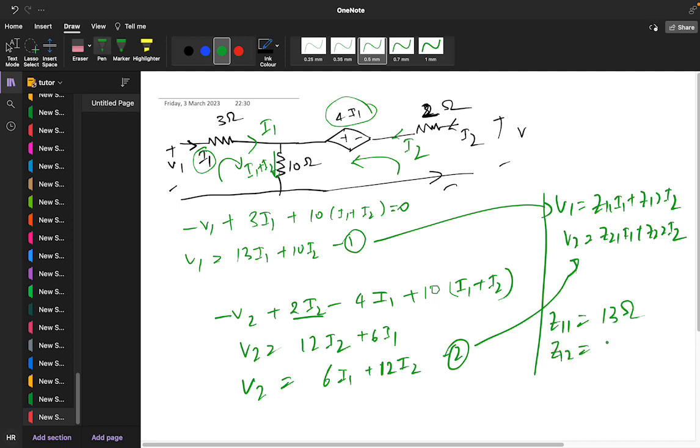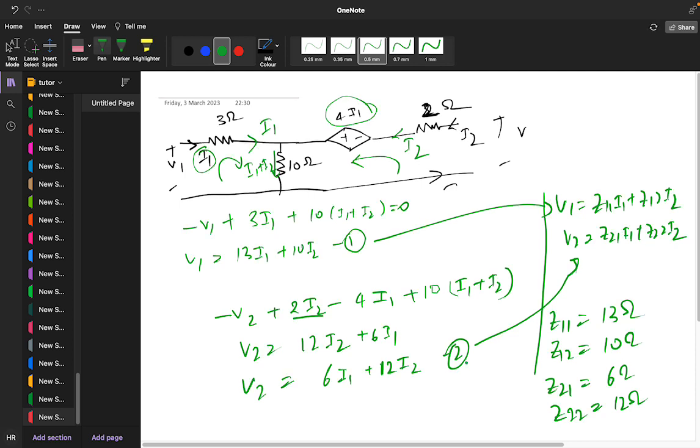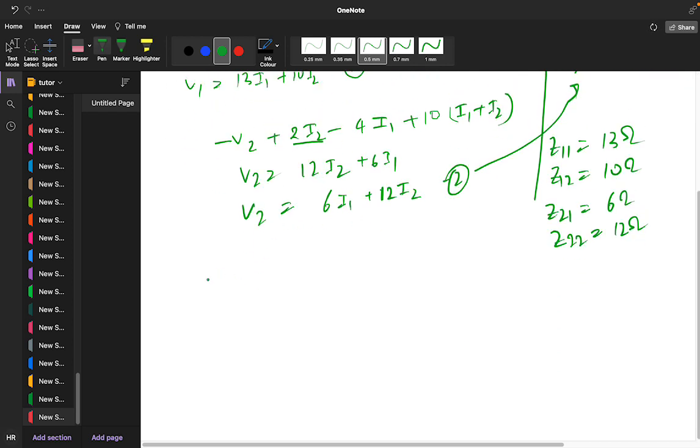Z12 is how many ohms? 10 ohm. Z21 is 6 ohm, and Z22 is 12 ohm. So you got the Z parameter, right? We got Z parameter as 13, 10, 6, 12.